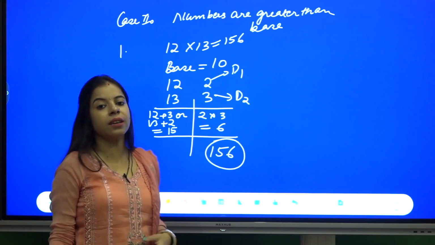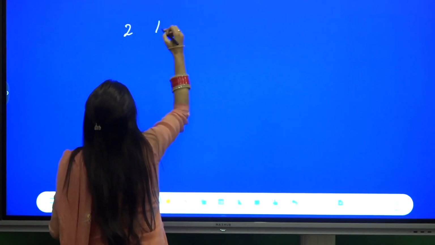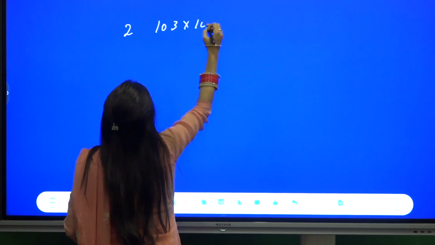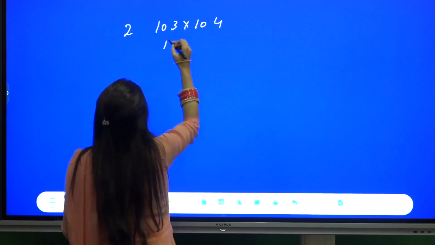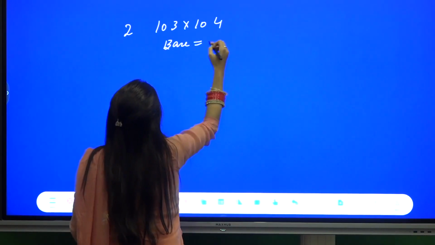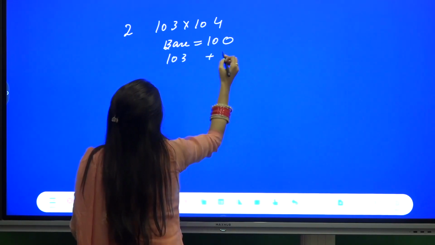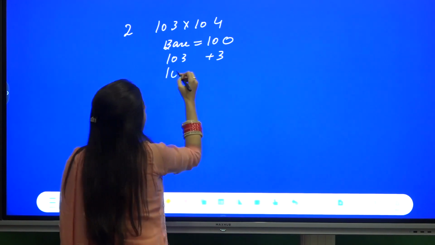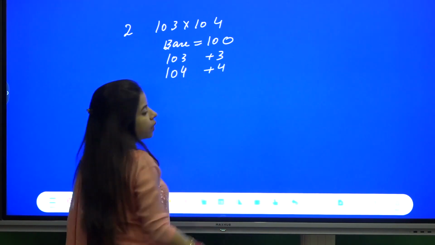Let us consider another example with base as 100. Say 103 into 104. So here the base is 100. 103 is 3 more than 100 and 104 is 4 more than 100.